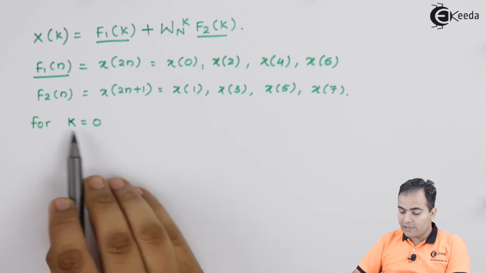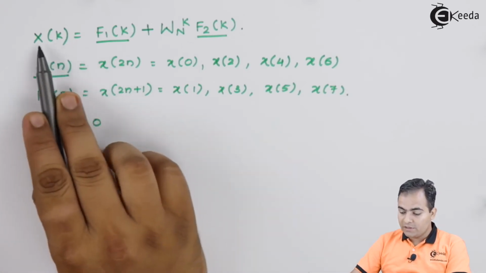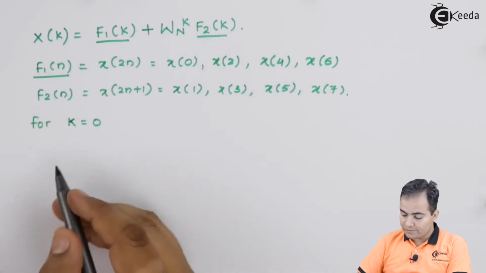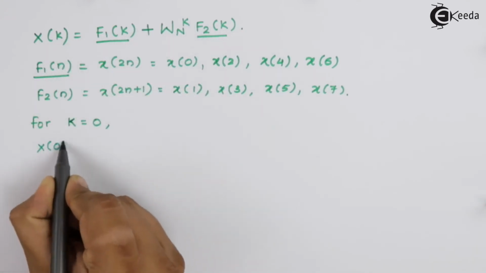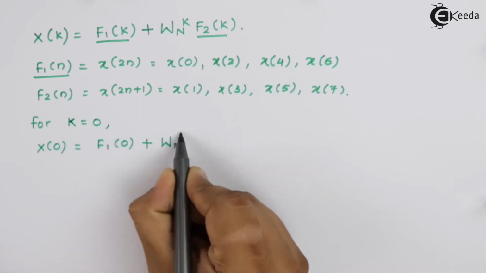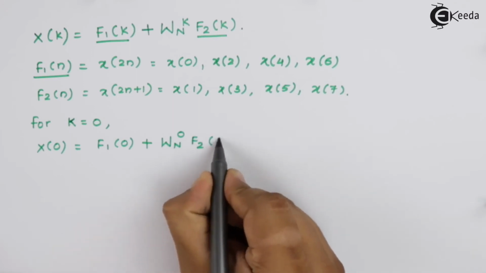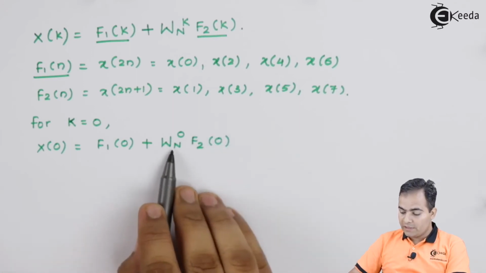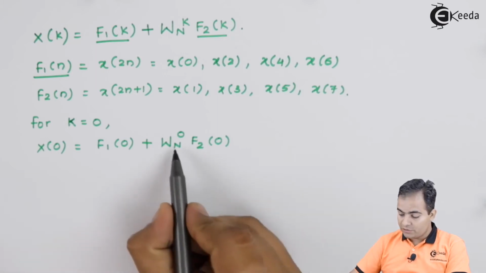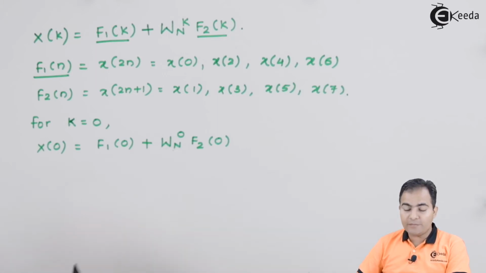If I substitute k equals 0, then all this k value will be replaced by 0. Now here I have considered 8 points, so this n is replaced by 8.